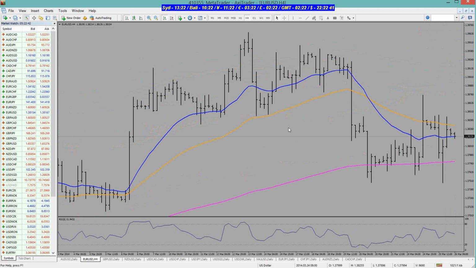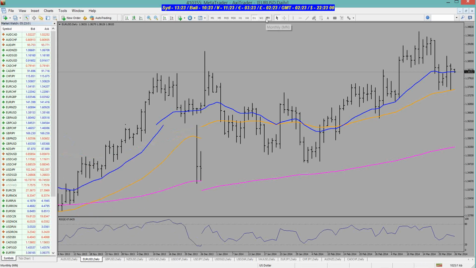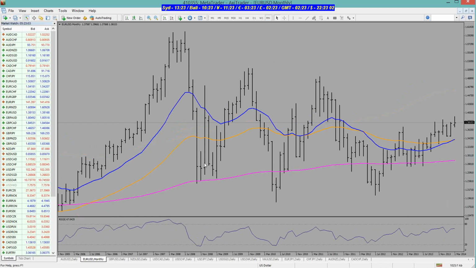The question is, how did you get into the euro? If you went in just above this bar, that's far too early. You shouldn't have been doing that. The euro's been up here before. Is it more likely not to break highs?